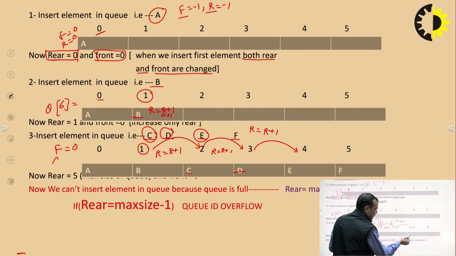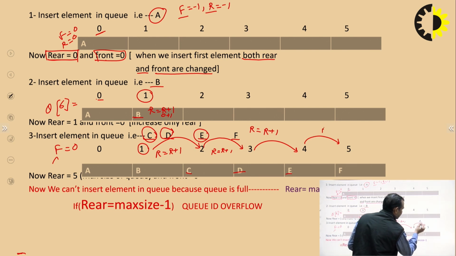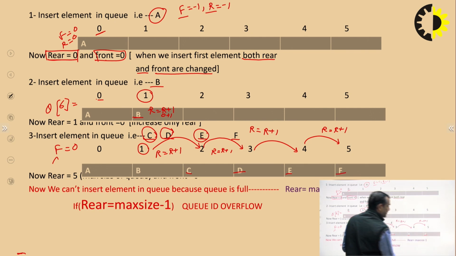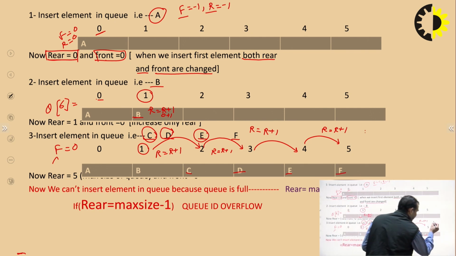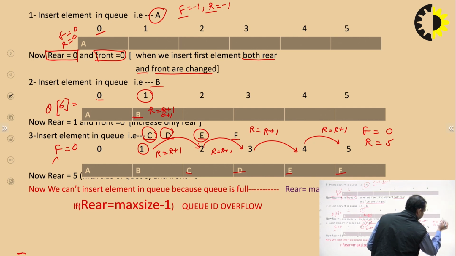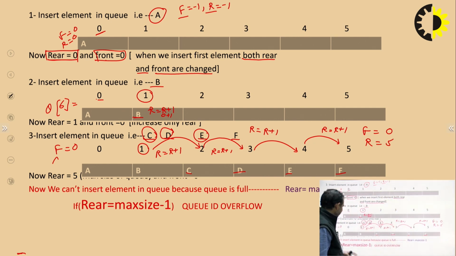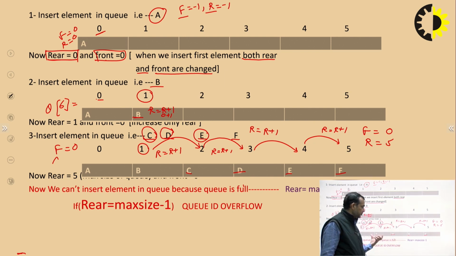Now again we insert and R equal to R plus 1. So in this condition, what condition exists? Front equal to 0 and rear equal to 5. It means there is no space in the queue, so this queue is known as queue is full.